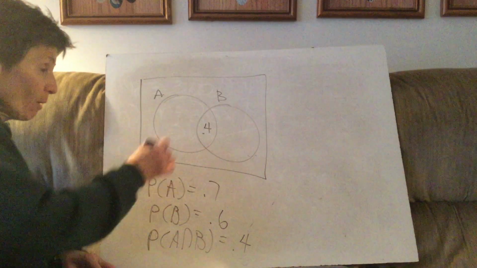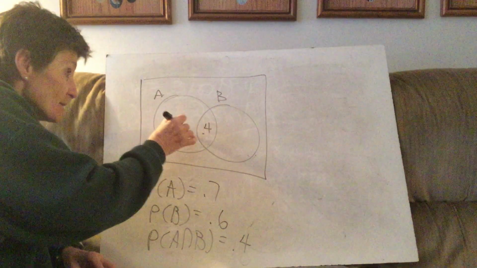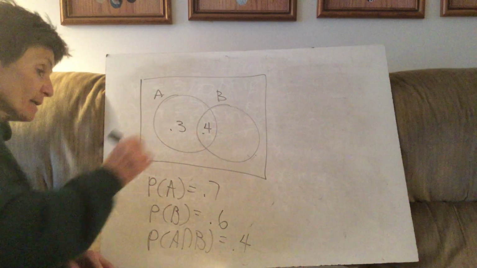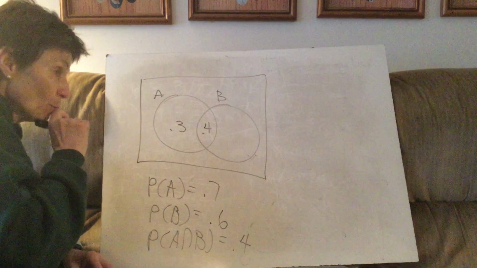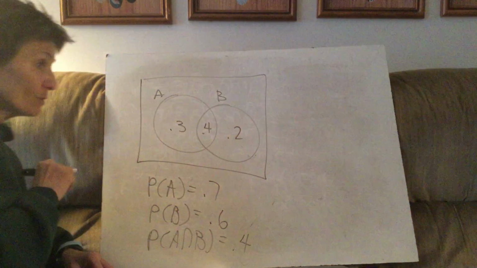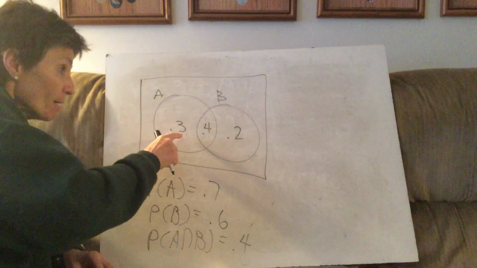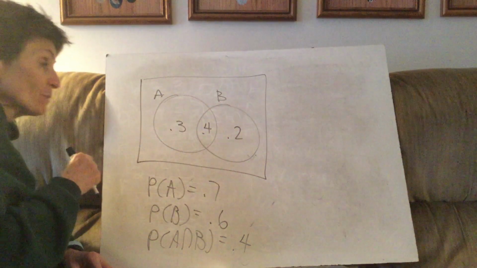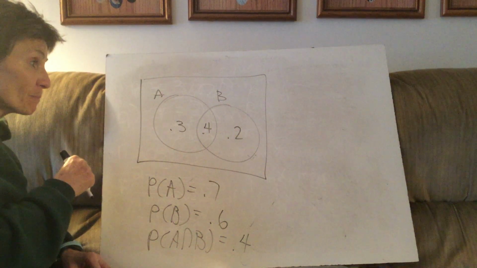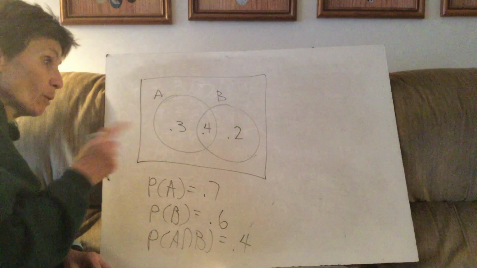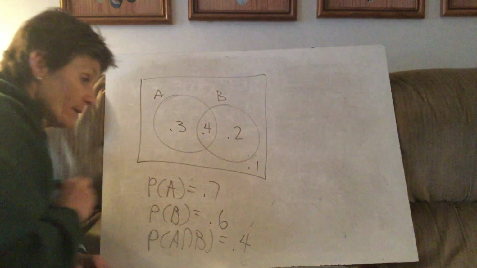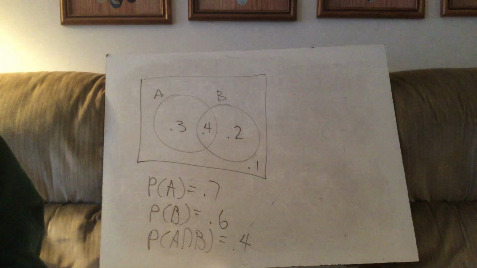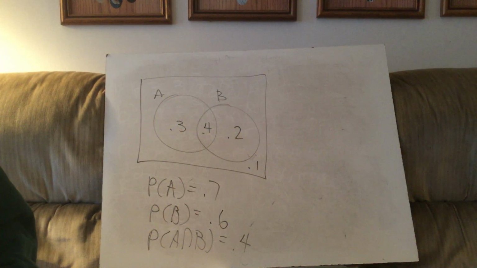If the whole A ball is 0.7, then this has to be 0.3. And if the whole B ball is 0.6, this has to be 0.2. But when we add these up, 0.3, 0.4, and 0.2, we come up with just 0.9. So there must be 0.1 out here. So there's the completed Venn diagram.